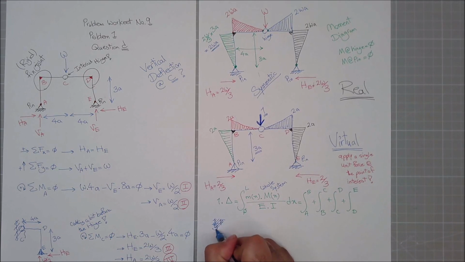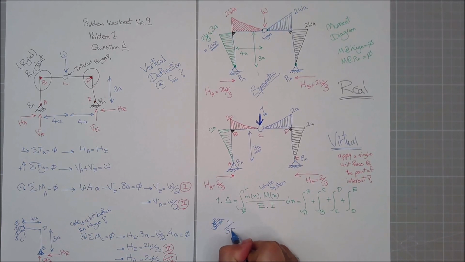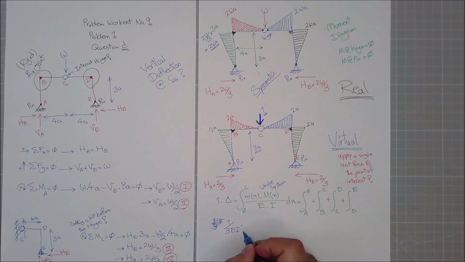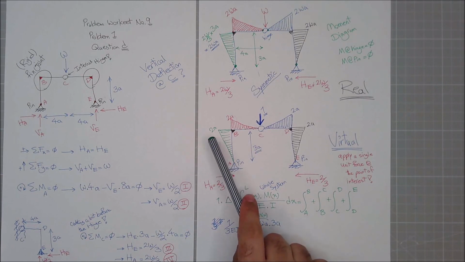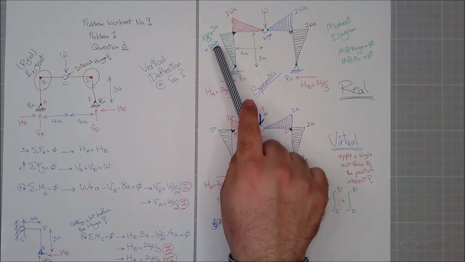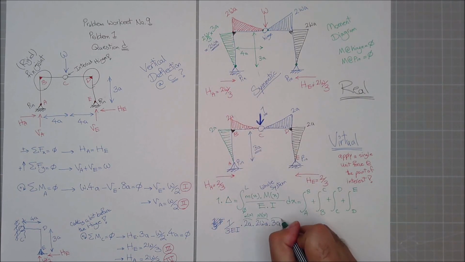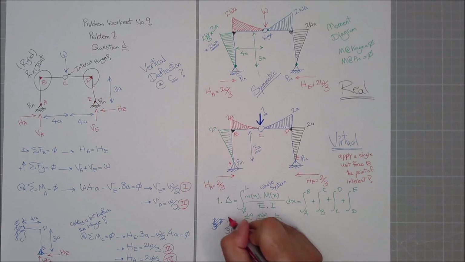let's write it like this, 1 over 3 EI times, I'm bringing out from the integration, 2a times 2wa times 3a. What's happening? This is mx, this is the capital Mx, so this and this 2wa, and this is actually the length of what this was, a to b.